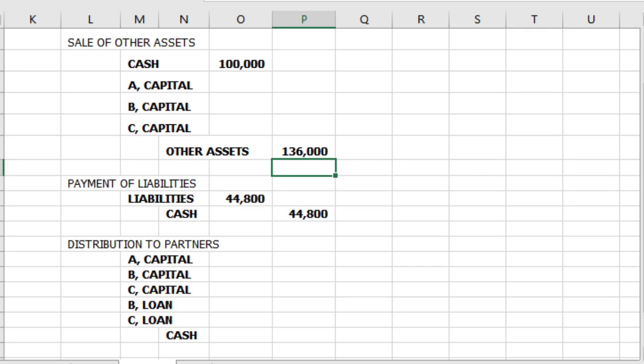So, for A, ito na yan. So, yung 36,000, pinaghatian na ng mga partners. So, ganito yung hatian nila. Now, again, after the sale of other assets, i-plot muna natin dun sa ating statement of liquidation.